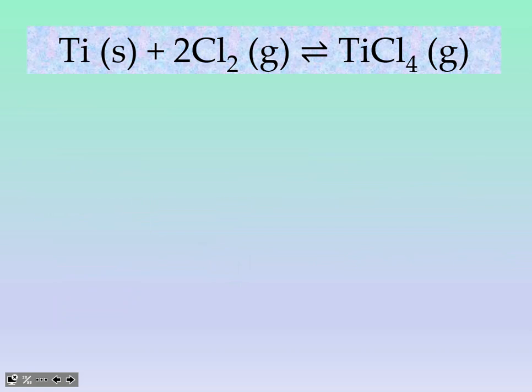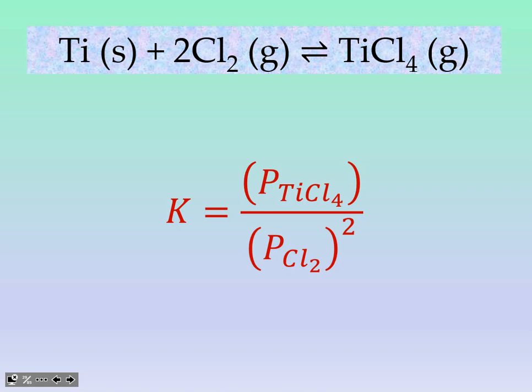We're still not going to include the Ti because it's solid. The titanium is a solid. But instead, it's going to look very different. No brackets. Use the partial pressures. These kind right here. Like so. Still raising it to the power of the coefficient. But this would be for Kp.